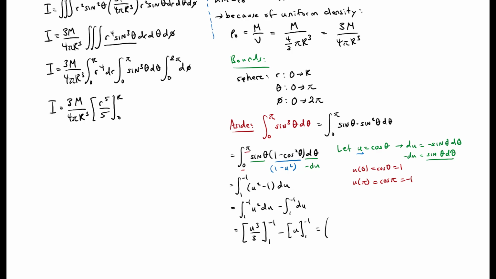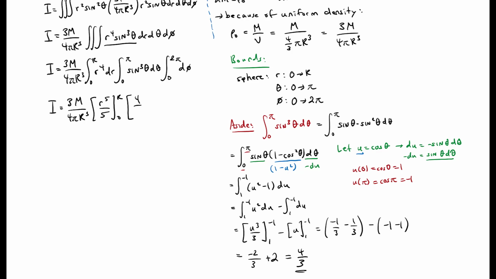This gives me -1 over 3 minus 1 over 3 minus -1 minus 1. That would be -2 over 3 minus -2, which is +2. And that gives me -2 over 3 plus 6 over 3. That is 4 over 3.